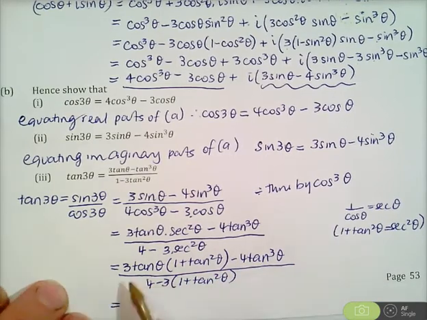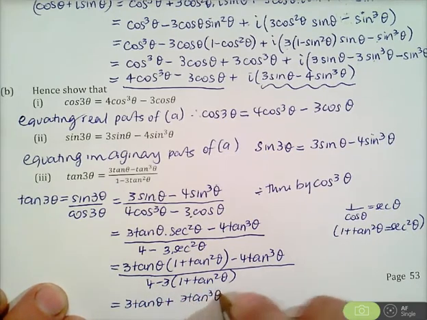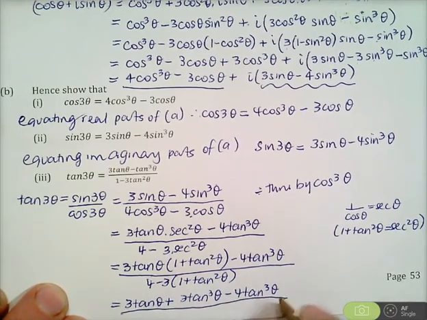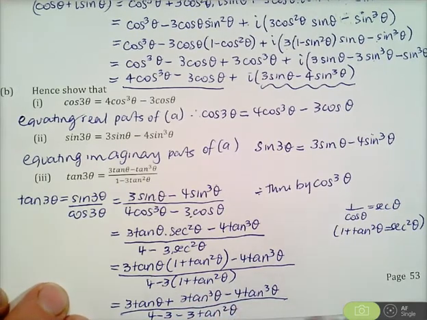That is equal to, now we're going to expand, and we get 3 tan theta plus 3 tan cubed theta minus 4 tan cubed theta over 4 minus 3 minus 3 tan squared theta.